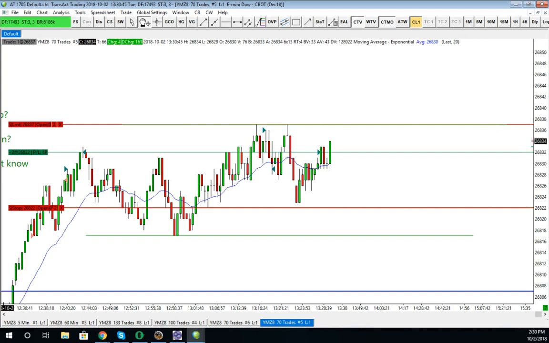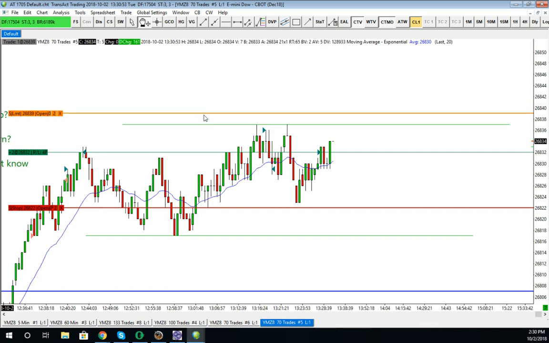$64 is our tick count up there, right? We're moving higher. Who knows? Maybe we could just push this up in case it really runs up, but we also need to be ready to get out of this trade.